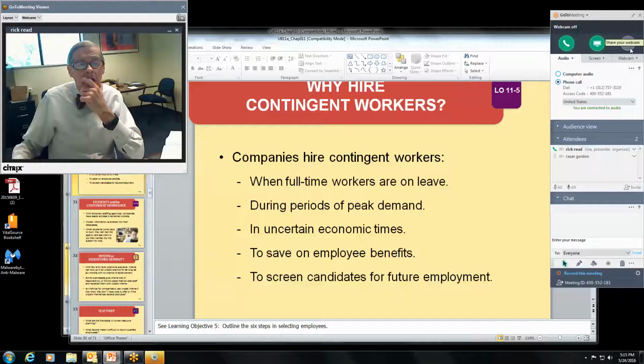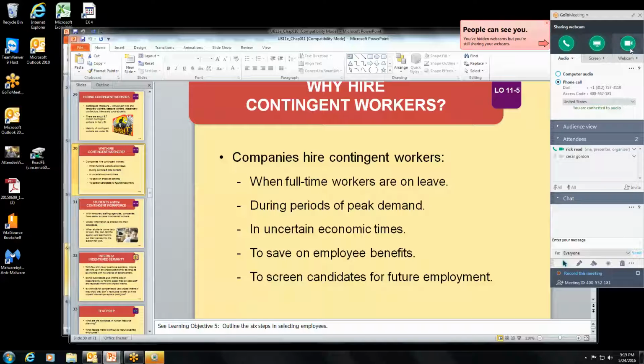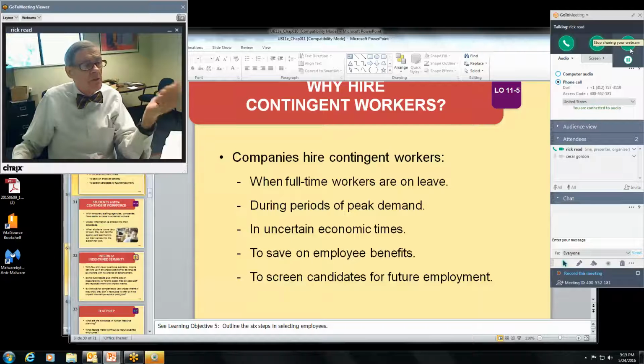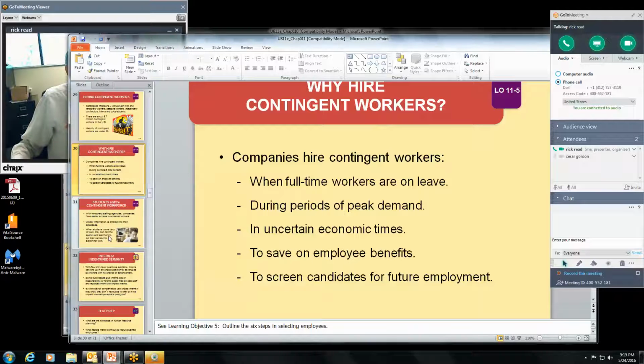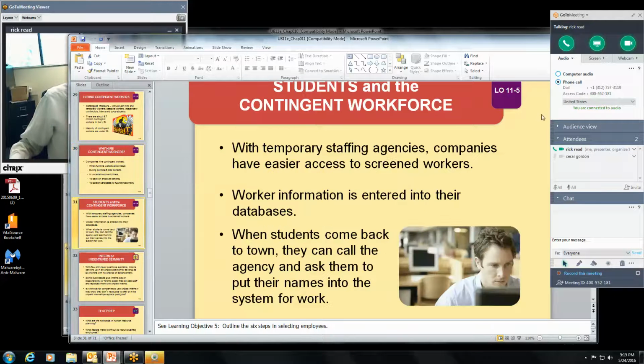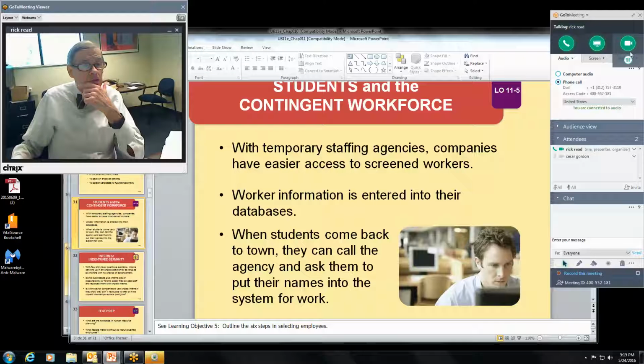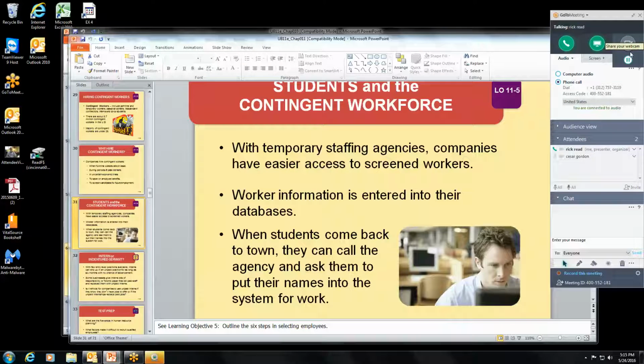And there are reasons why they do hire them. Obviously, I mentioned saving on benefits. And of course, there's also a way of finding out if this person is a good potential hire for full-time or part-time work. Use students in the workforce, same way. No differences there.